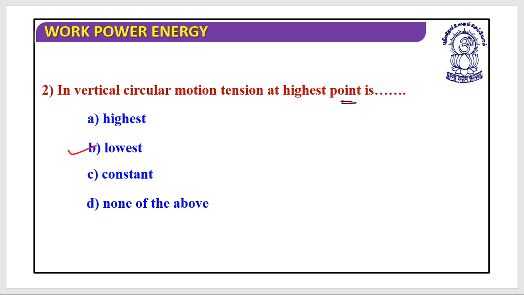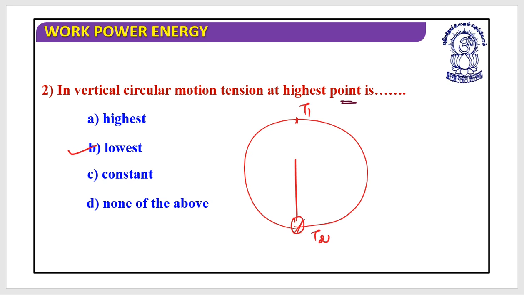My mistake. Yes. So the situation is something like this. This is T1. This is T2. So this T1 would be the lowest, and tension at this point, T2, is highest.